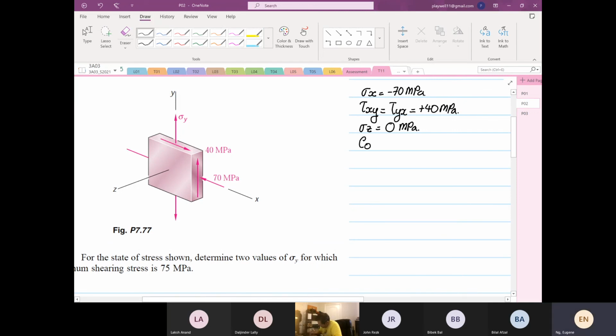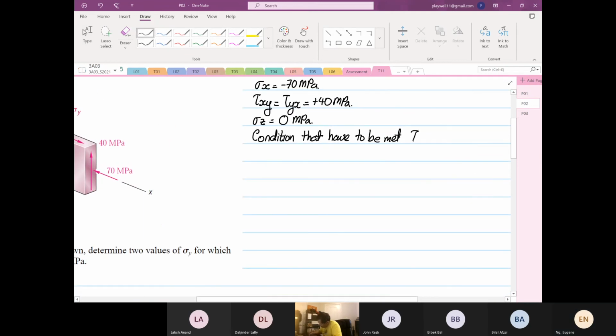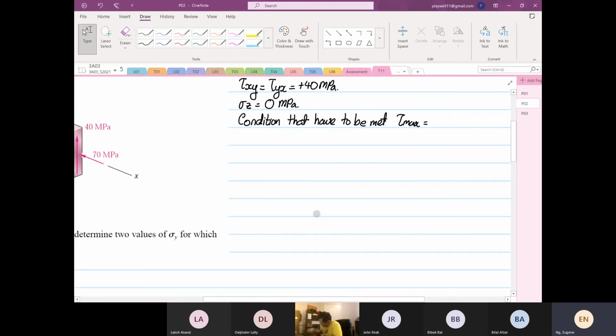Now we are also given tau max, and this is the condition that has to be met, where tau max is equal to 75 megapascal.